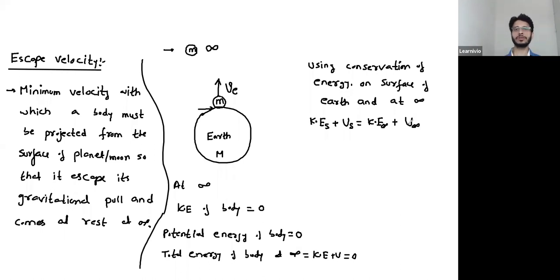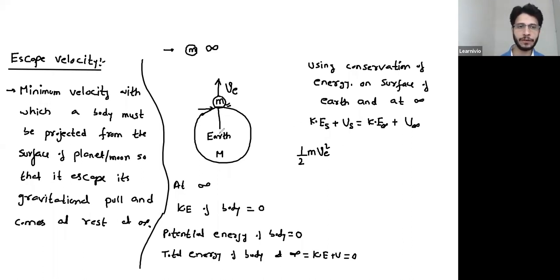Since there is no force like friction, energy should remain conserved. So how much is the kinetic energy at the surface of Earth? If I'm projecting with escape velocity Ve, it is half m V square.